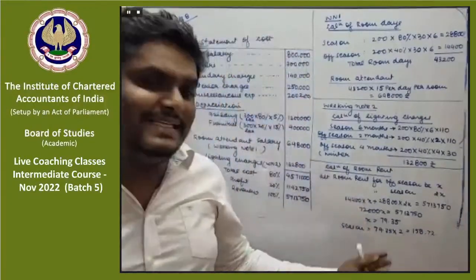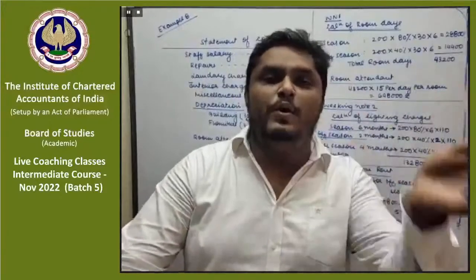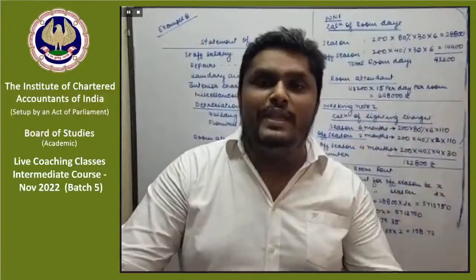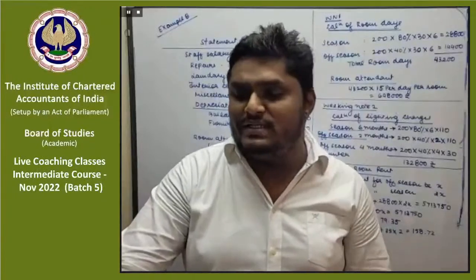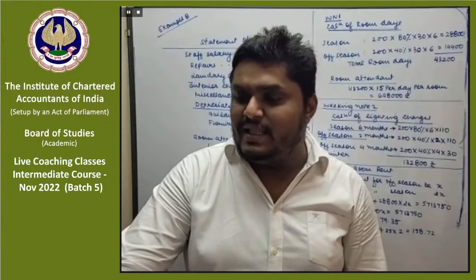Anyone else? Rajiv Kumar Das, X, 2X or X, 0.5X. I hope you are thorough with the difference. So you can use any of the ways. Both the approaches are correct. Yes, Mantanjali.